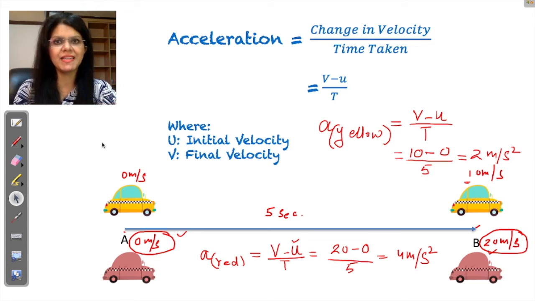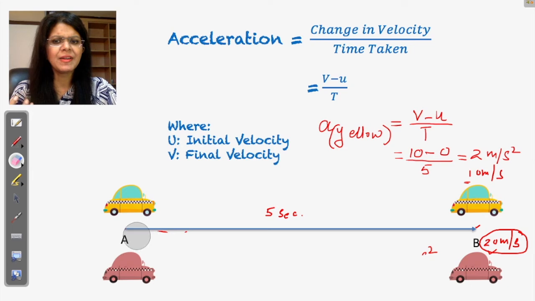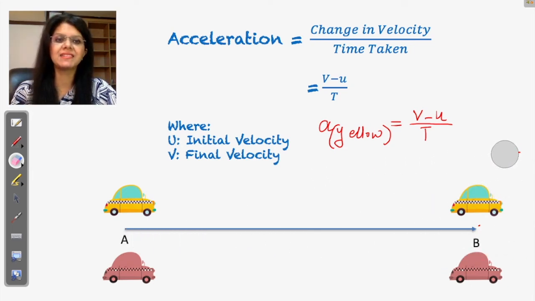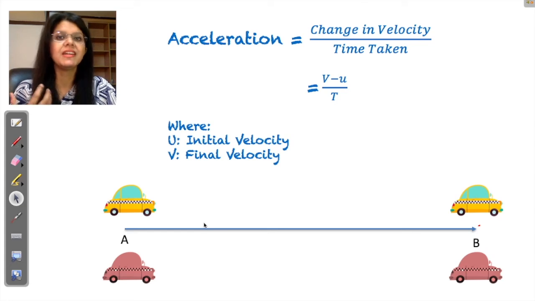Within a few seconds, they reach a very high speed. So understanding acceleration is very, very important. And why is it important? So that when people around us talk about acceleration, we should be able to understand what they mean. The practical meaning of acceleration should make sense to us.